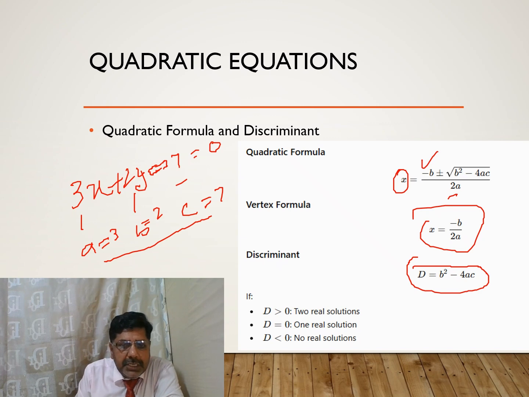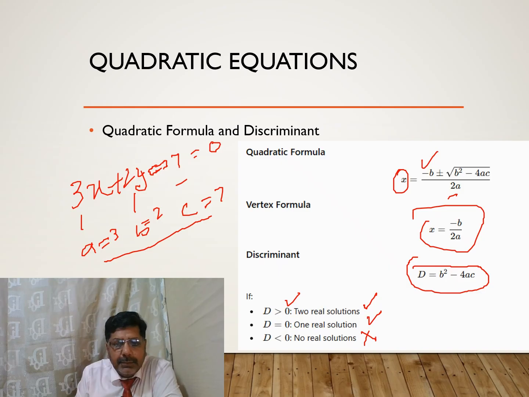If D is greater than 0, the equation will have two real solutions. If D is equal to 0, we will have one real solution. And if D is less than 0, there is no real solution.